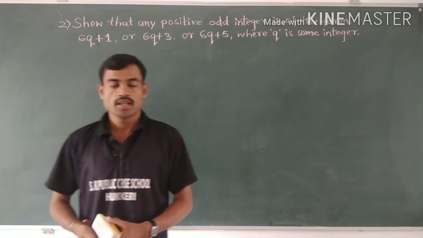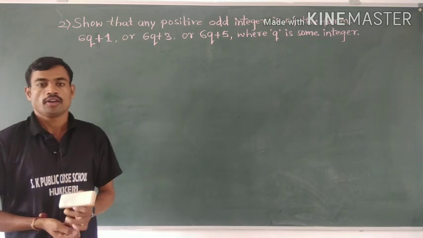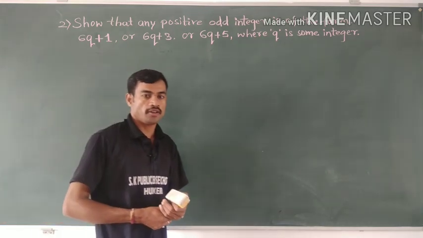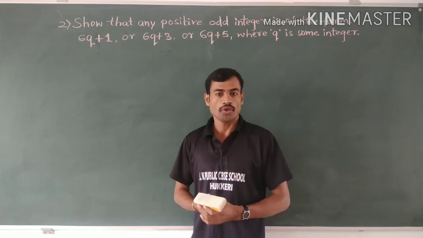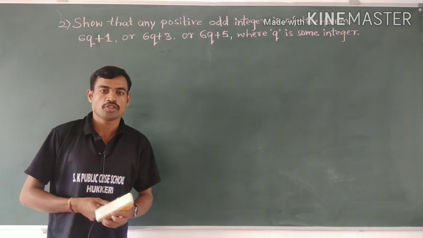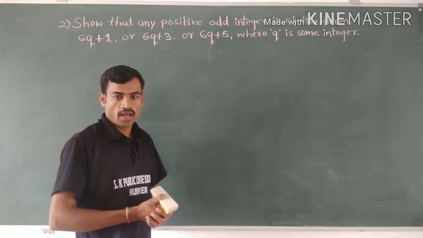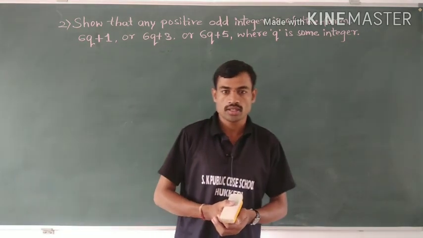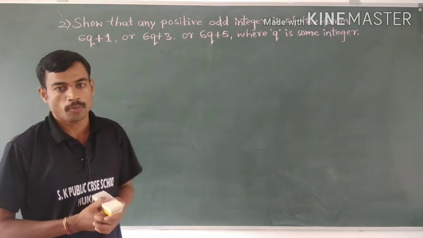Dear students, in the previous class we discussed finding the HCF by using Euclid's division lemma: how to find the highest common factor of two given positive integers. We also discussed two important points.